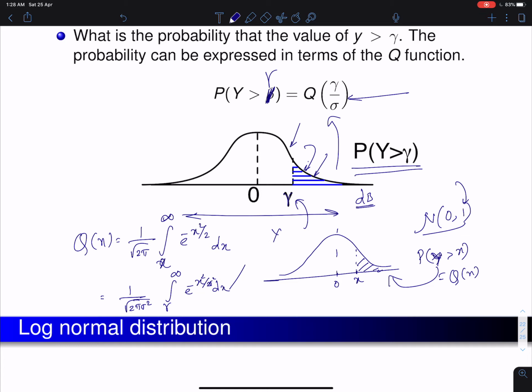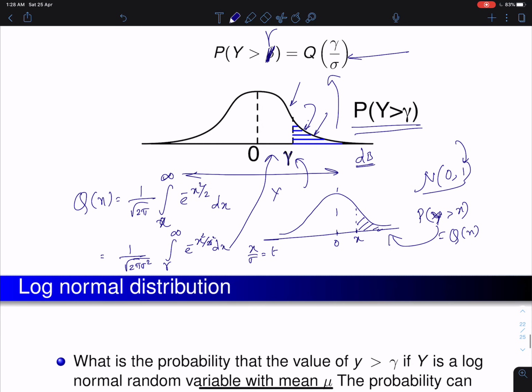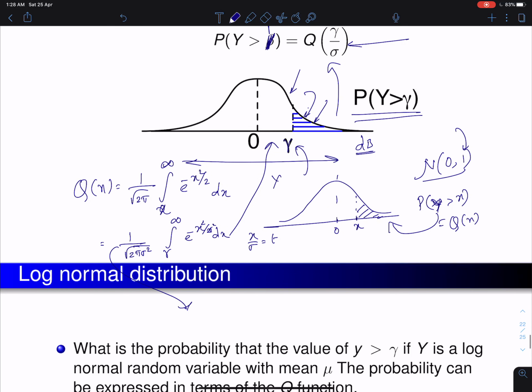All you need to do is make a substitution, x by sigma equal to t. Then you will simply get 1 by root of 2 pi integral gamma by sigma to infinity e power minus t square by 2 dt. This is nothing but Q of gamma by sigma.